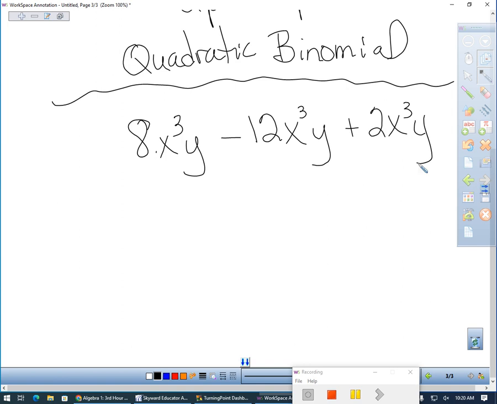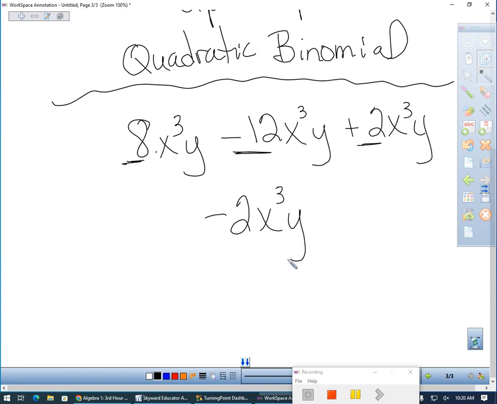Anybody got any ideas? First of all, they all have the same label on them, right? They are all x to the third y's, correct? So we're going to add all of our coefficients together because they all have the same label. So I have 8 x to the third y's minus 12, give me negative 4, plus 2. So negative 2 x to the third y's.